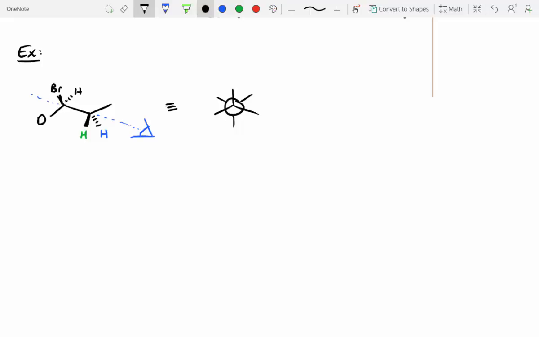How many of you guys think you got the first Newman projection? All right, that's good. We're getting Newman projections.